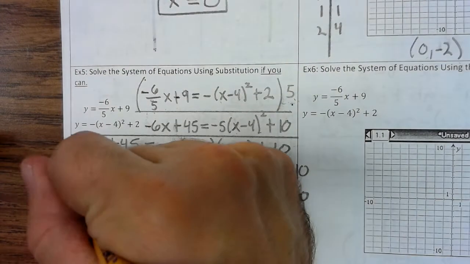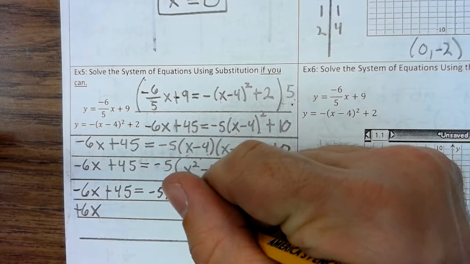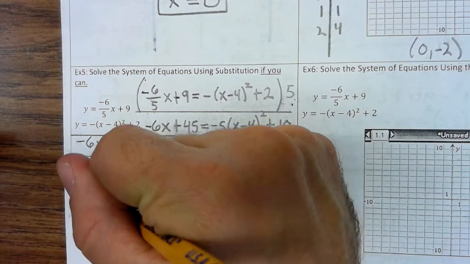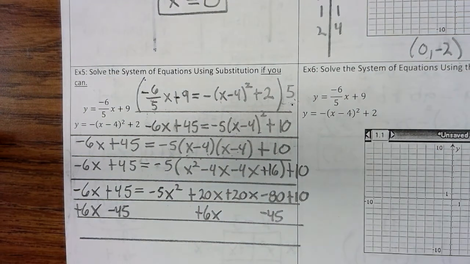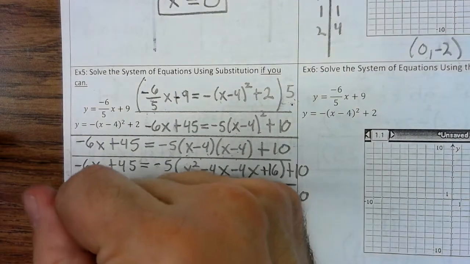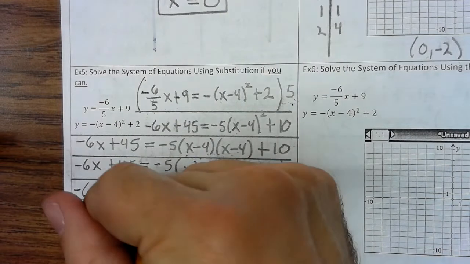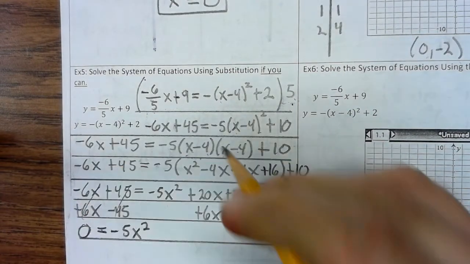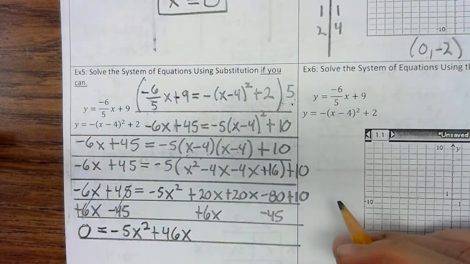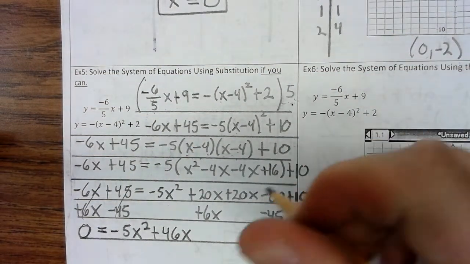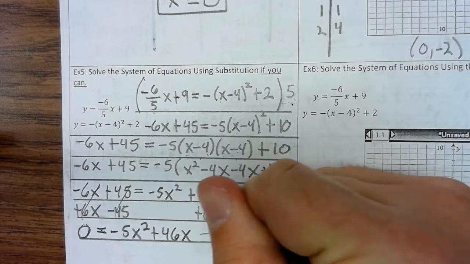Now we're going to add 6x to both sides and subtract 45. Cancel, you're left with 0 equals negative 5x squared plus 46x minus 115.